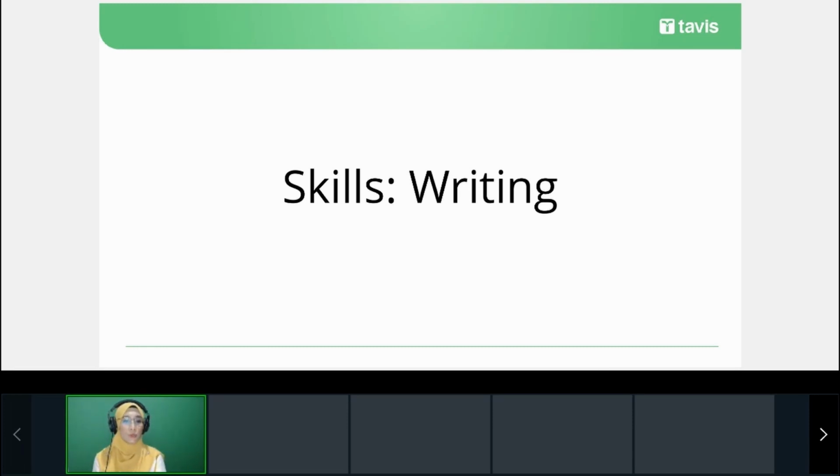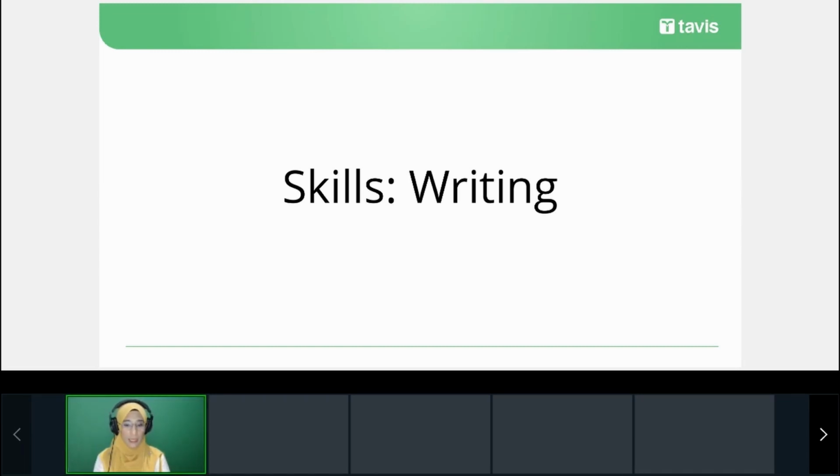It's either to a friend or your cousin or your classmates or your project mate. So the language that you have to use when writing to a friend or someone that you know, keep it informal.